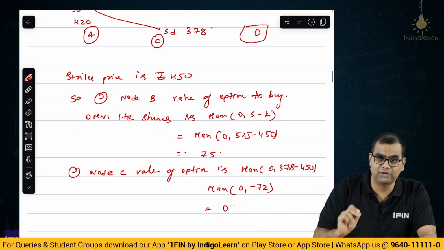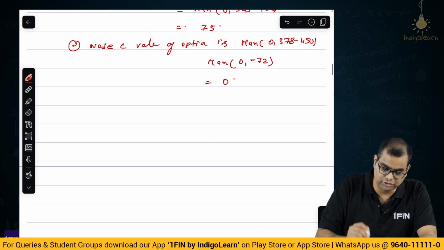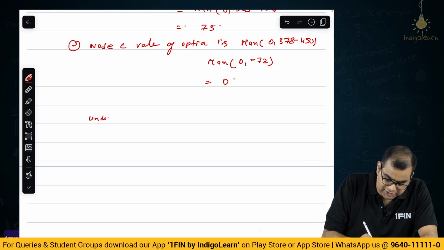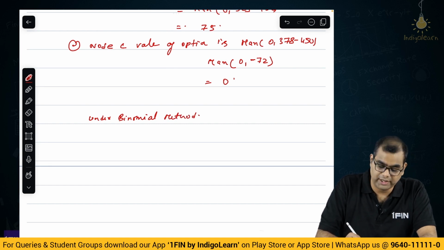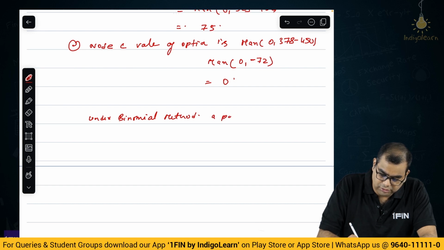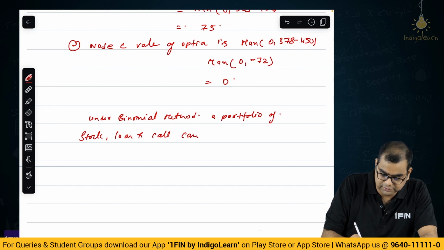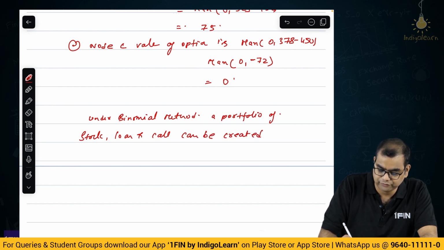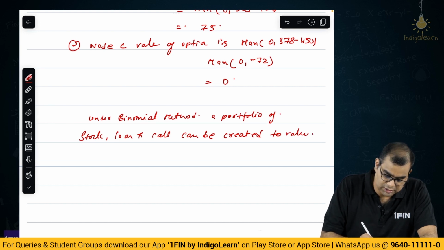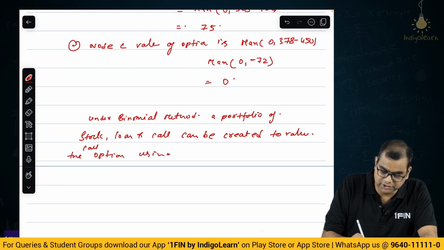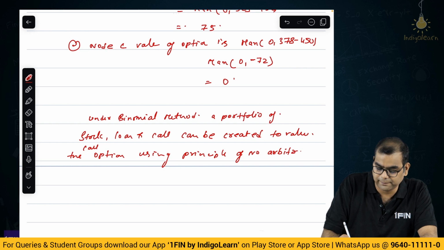Okay. Then once you have these two numbers, you should say under the binomial method, a portfolio of stock, loan and call can be created to value the call option, using the principle of no arbitrage.